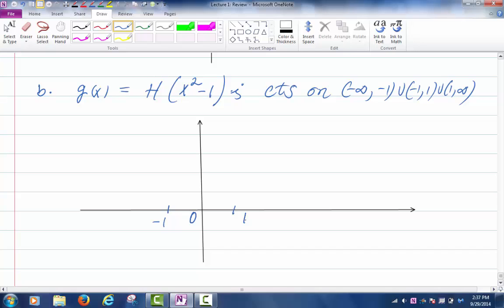What is h of 0? H of 0, you go back to the Heaviside function, right? H of 0 is 1. So I know that the value of the function at -1 is 1. Same way, the value of the composite g at 1 is 1 as well, okay? Is everybody okay with that?